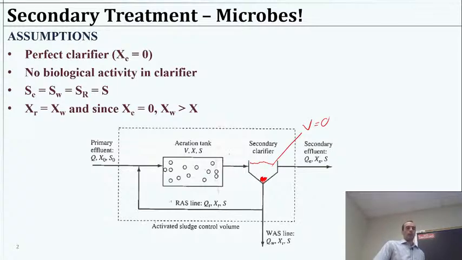Okay, so then the other thing we can notice is our substrate going through the system. The clarifier doesn't change anything about that. The only thing that's changing the substrate is the bacteria eating it in the tank. So any substrate after that, that's just what it is, right? So the amount of substrate here is the same amount here, the same amount here, here, and here.